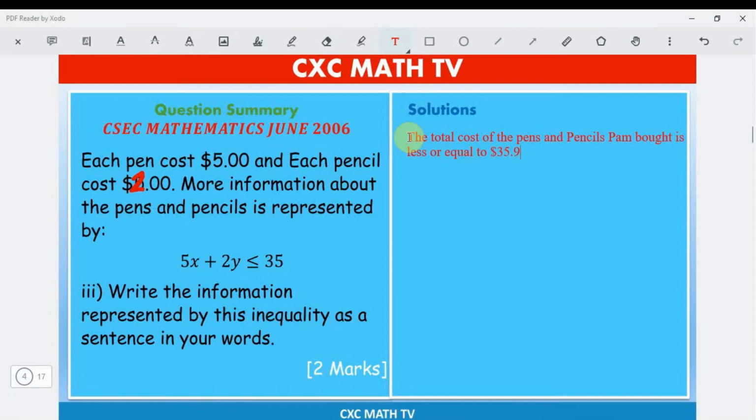That's all that is saying. So the maximum amount of money that you spend on pens and pencils is $35. That's it in your own words. Really nice. Okay, cool.